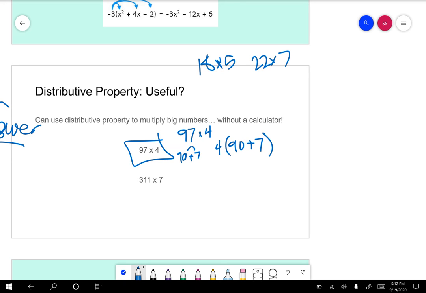Who knows 97 times 4 off the top of their head? No one. Or you could do it like with the box method. So 4 times 90 plus 7. You could even break it down even more. Instead of 90, you could do 10 plus 10 plus 10, etc., and do 4 times all of those and then add them all together. But just so you can see what I mean.